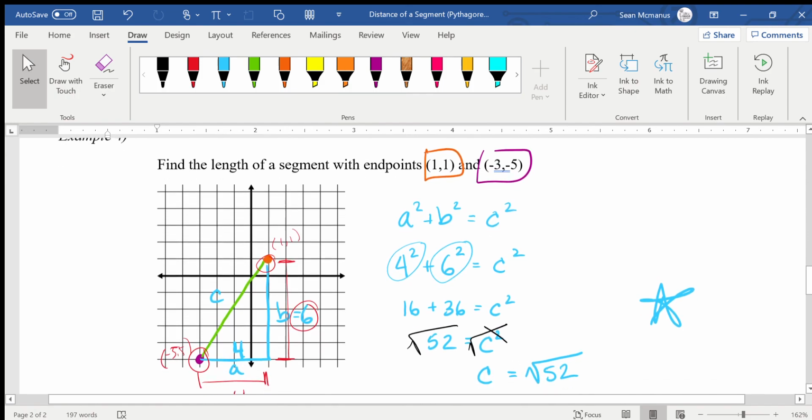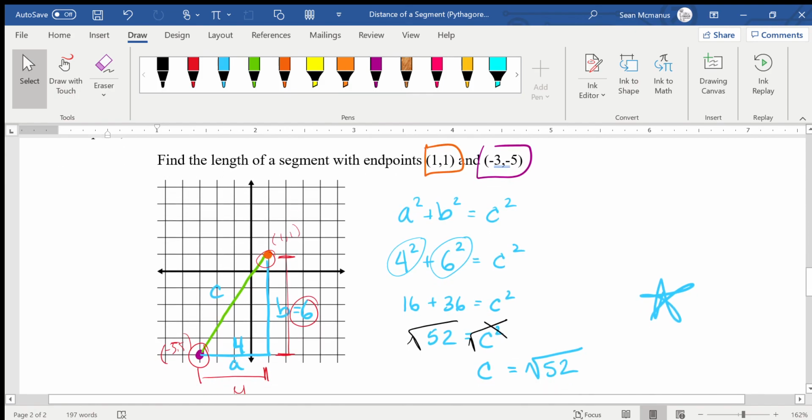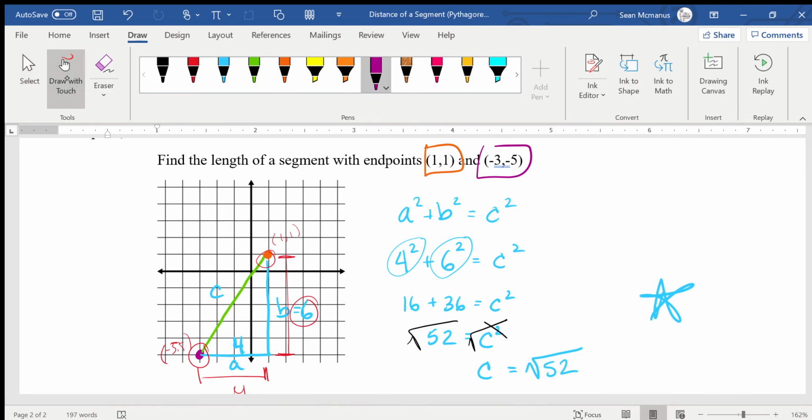Same problem, but one we were able to simplify all the way, and one we had to leave as a radical. Radical is just another word for the square root sign. If the directions say leave it in radical form, that means leave it like this, don't make it a decimal. Okay, I'm going to stop this one here. It got a little long. Hopefully that gets you set up to do some good work on our homework assignments.